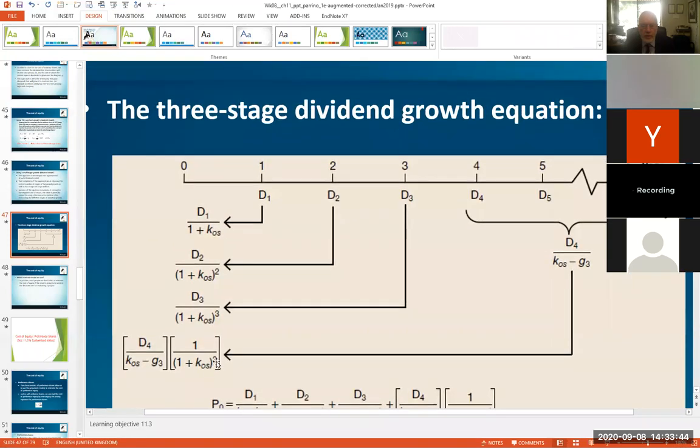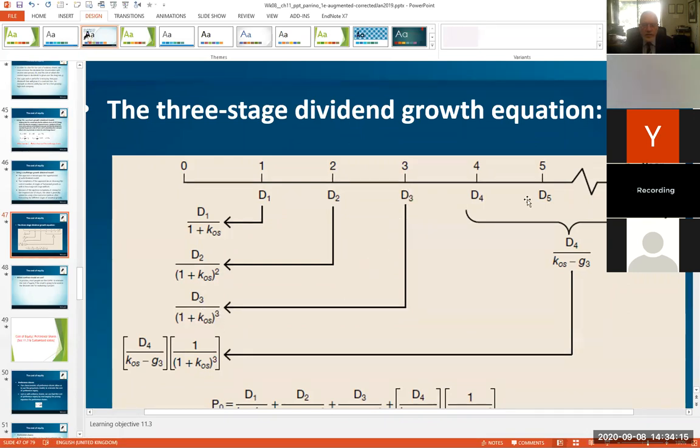You should be able to even read through Zoom there that the discount factor here is 1 over the cost of ordinary shares cubed. And so we've got 1 over the cost of ordinary shares discounting the first cash flow, 1 over the cost of shares squared discounting the second one, 1 over the cost of ordinary shares cubed here for the third one.